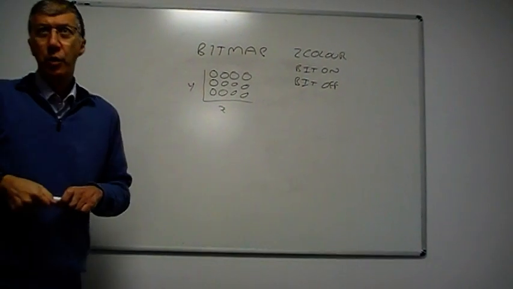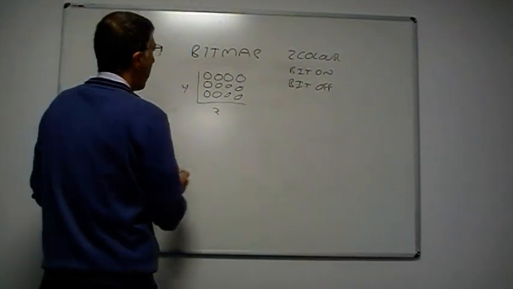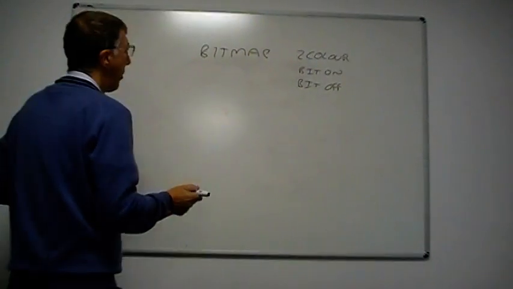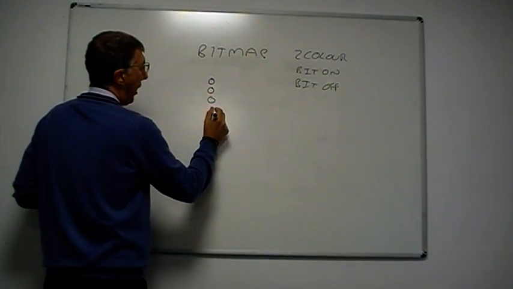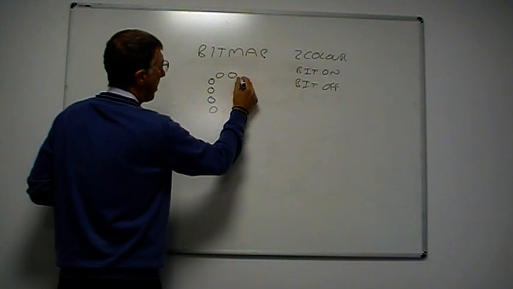So now that we know that everything is bitmap printing, all our fonts are drawn as bitmaps. So for instance, if we're going to draw an A, we might want to draw something like this.